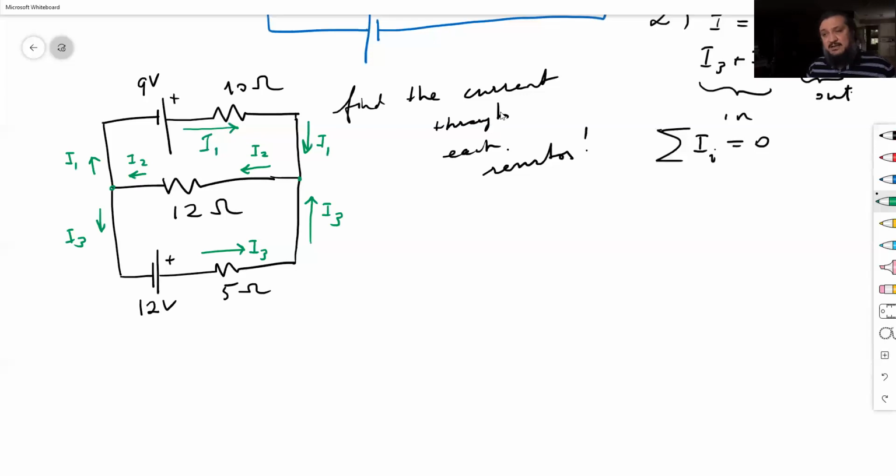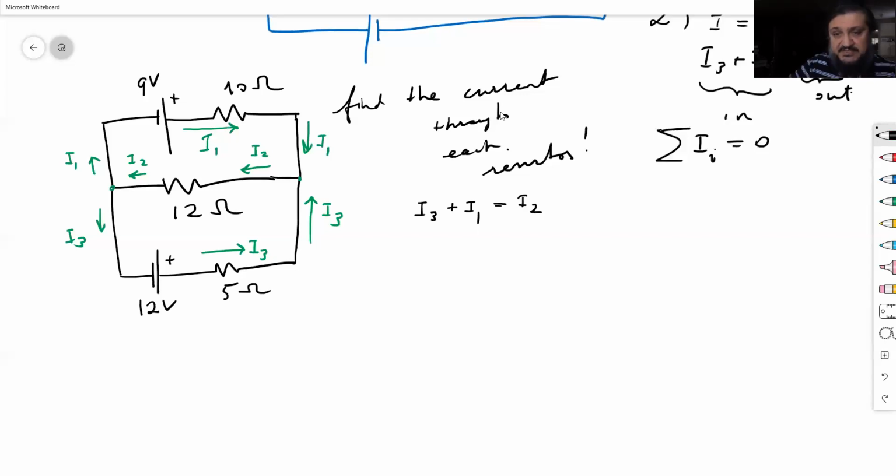So let's apply Kirchhoff's rules. Now, I already know what happens at the junction, right? That's rule number 2. I1 plus I3 is I2. They add up to give me I2.